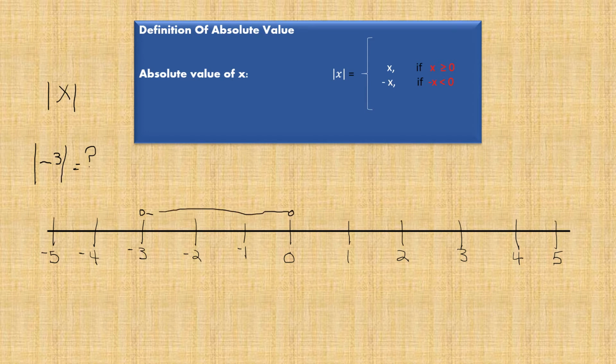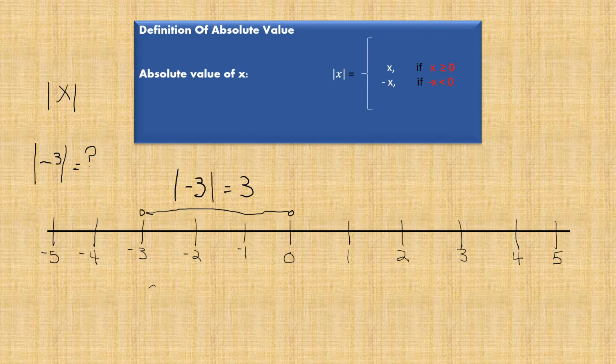We have 1, 2, 3. So the absolute value of -3 is equal to 3, because it's located 3 units from the zero.